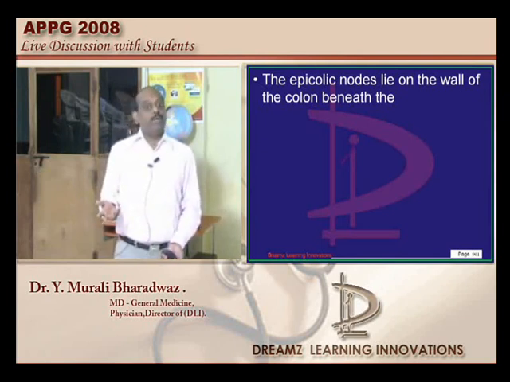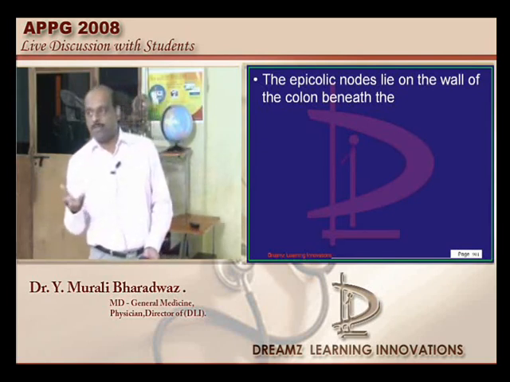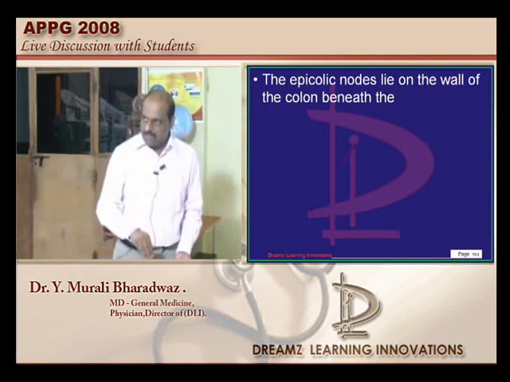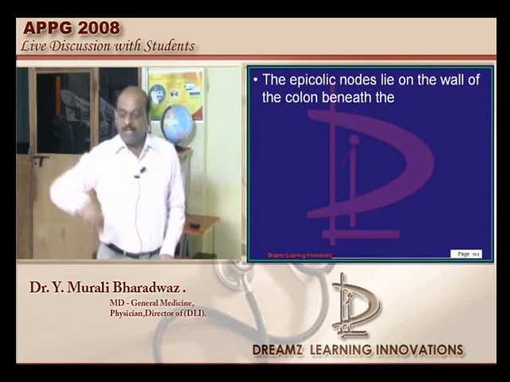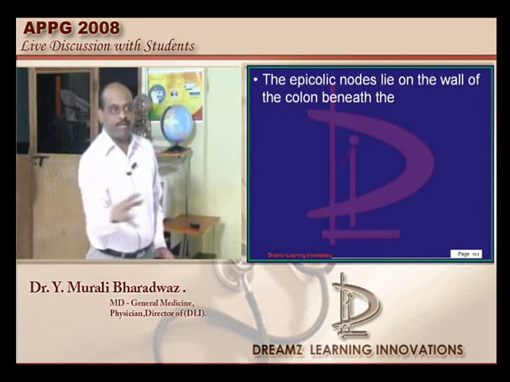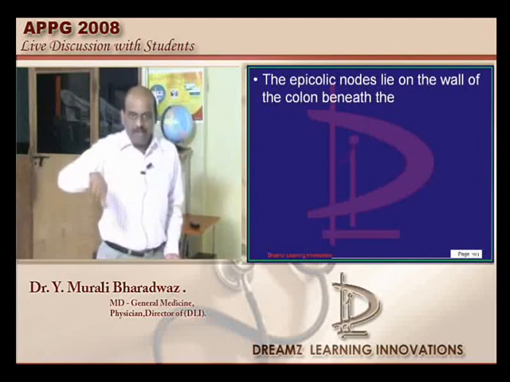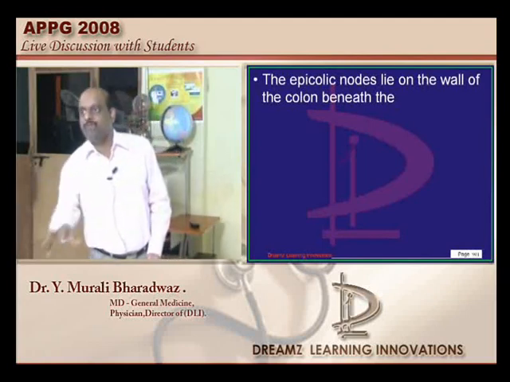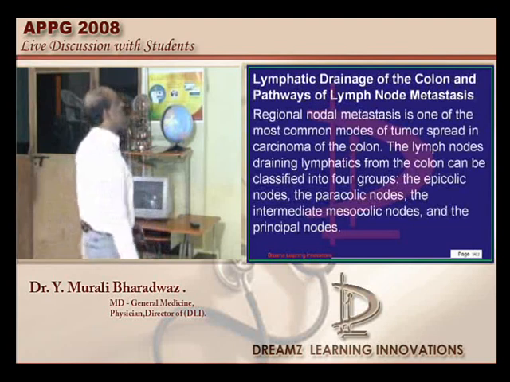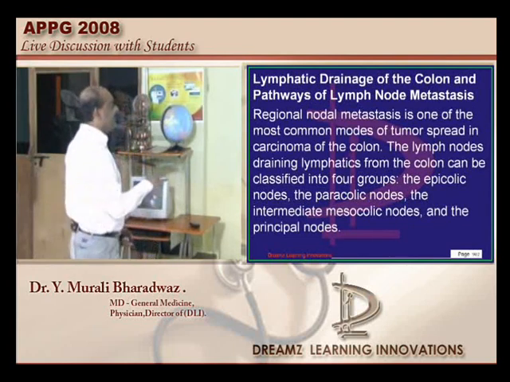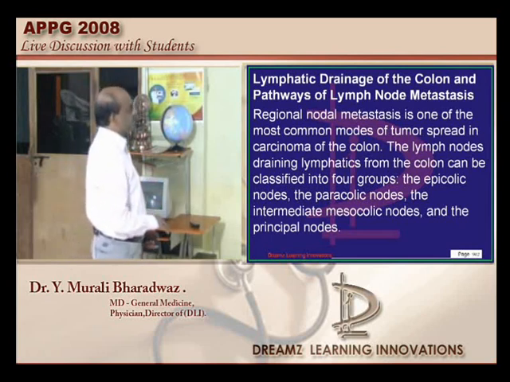And why is this important? Tomorrow as a surgeon, if you see carcinoma of the colon, it initially goes to epicolic nodes, then to mesocolic nodes, then to the nodes along the branching vessels coming out of the aorta. Perivascular nodes will be there. So finally it will reach there.